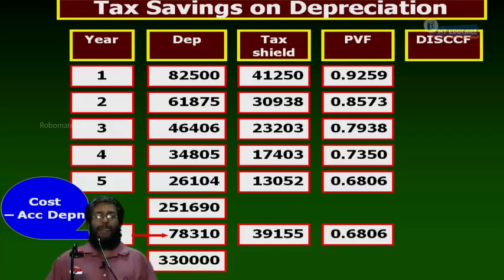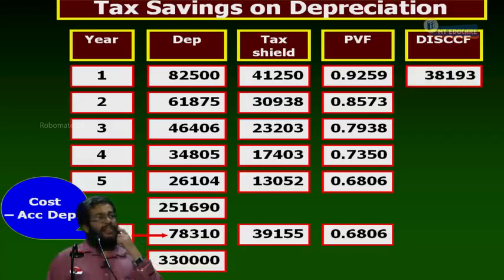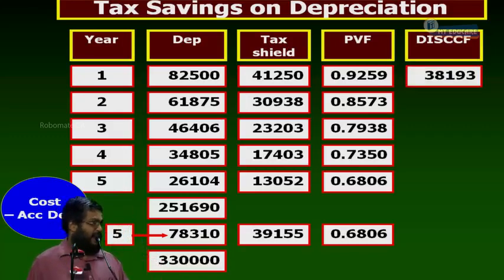Discounted cash flow. 0.9259 into 41,250. What are the discounted tax savings? First year is 38,193.